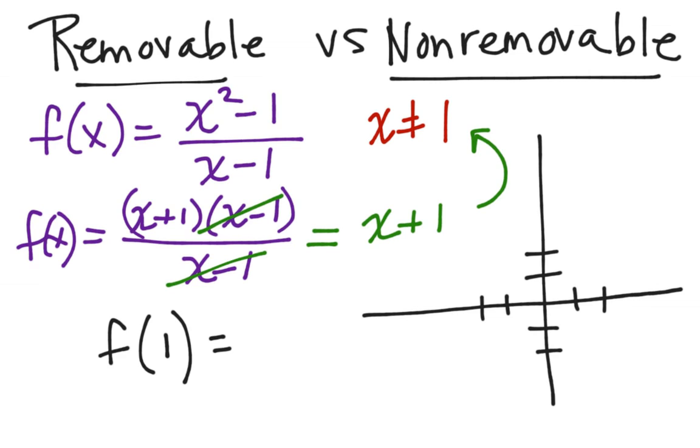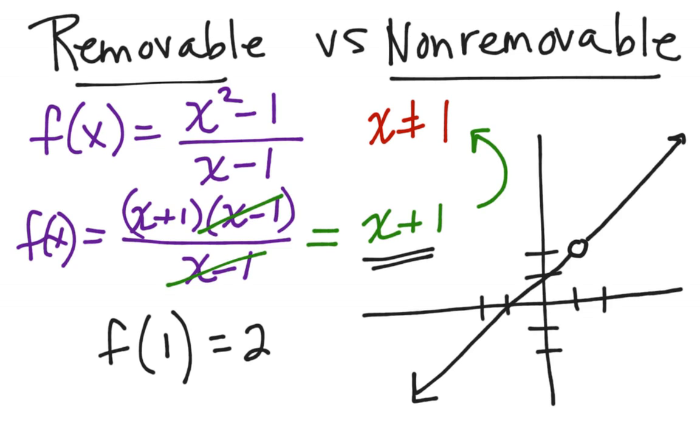So f of 1, I can plug it in here and get 2. Well, what's happening there at 1, 2 is a hole. And I can think of that hole as removable discontinuity. So this is considered removable discontinuity.